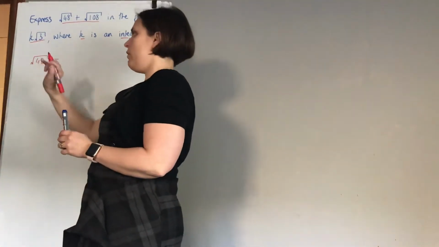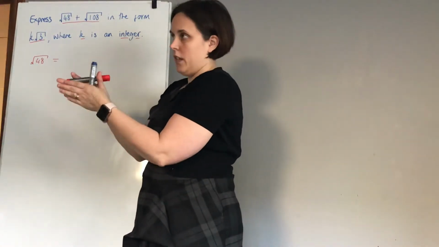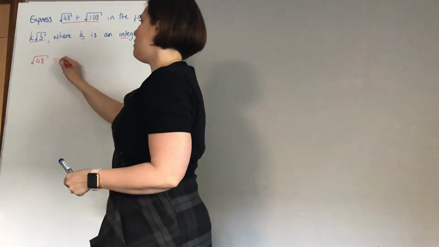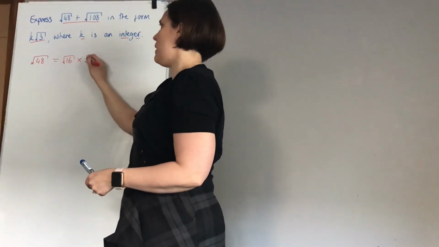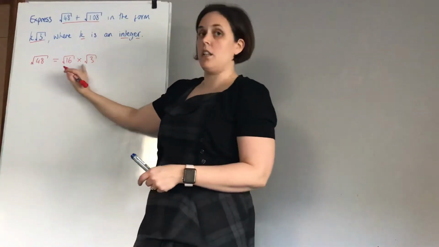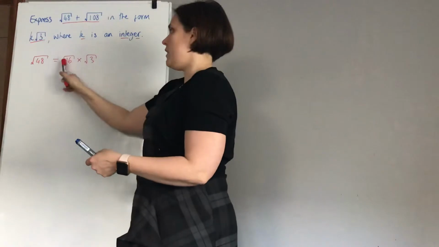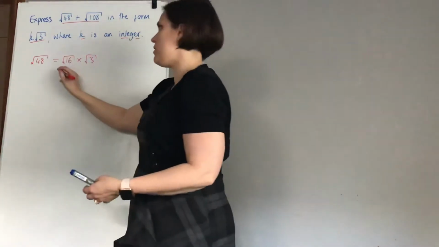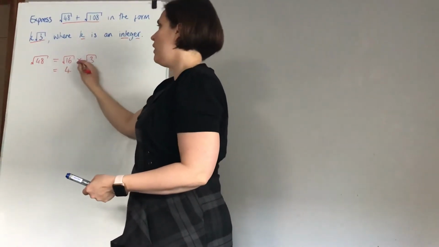So 48 can be split into its factors of 16 times 3. With the rules of surds, you are allowed to split that up into the square root of 16 times the square root of 3. The beauty of this is that because 16 is a square number, you can square root it, and the square root of 16 is 4.